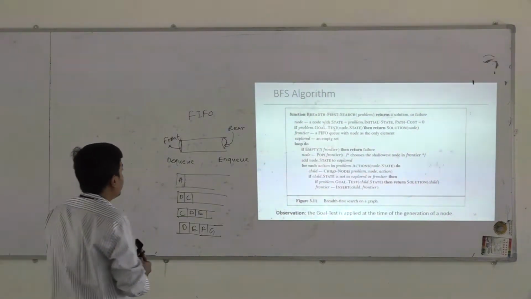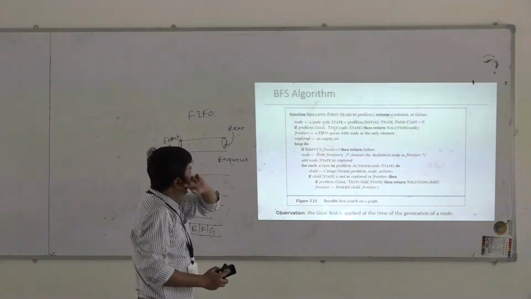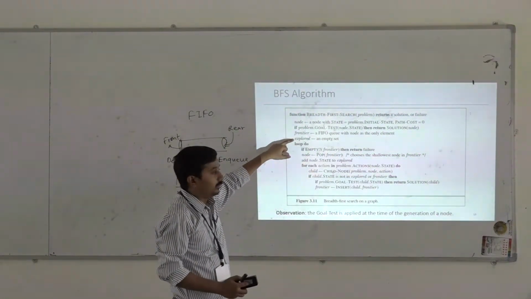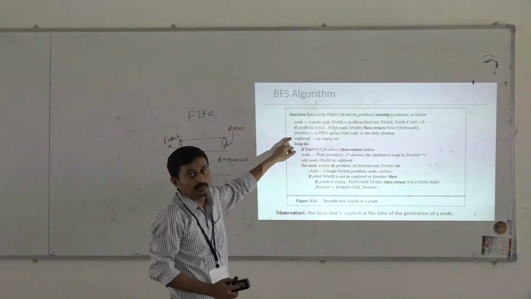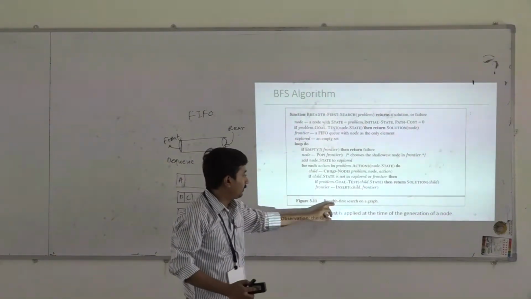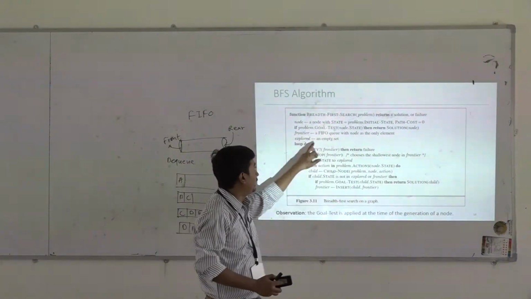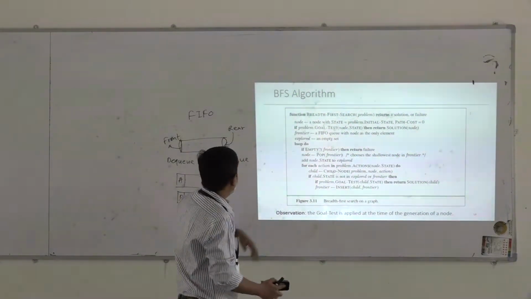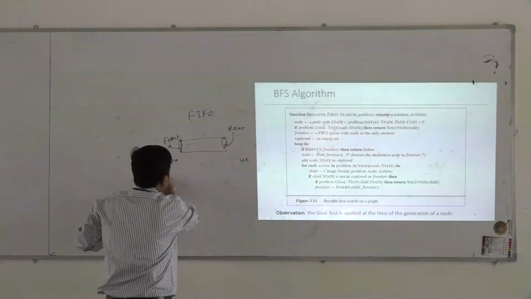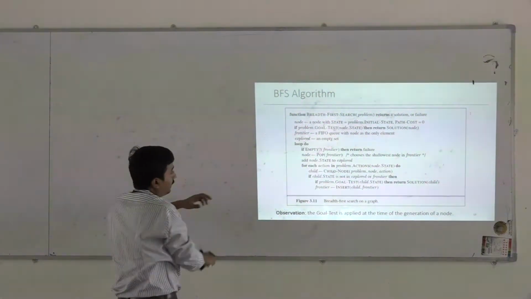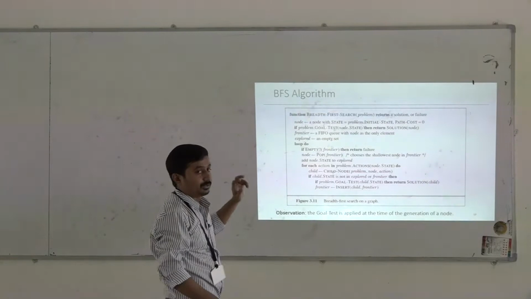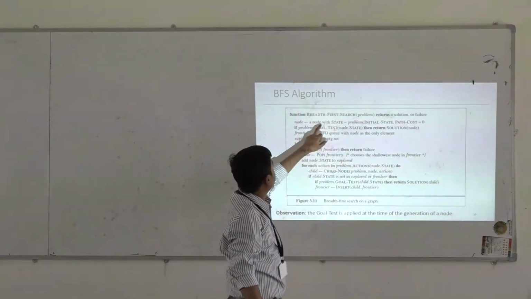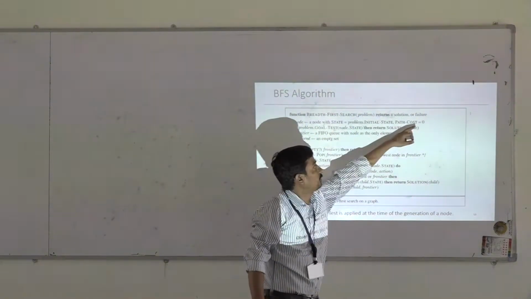So this is the algorithm. The first thing you can notice is that you are using an explored set. That means this is the graph version of the BFS algorithm, breadth-first search on a graph. You are maintaining an explored set, which initially will be empty. The problem's initial state will be our node, and initially the path cost will be 0.